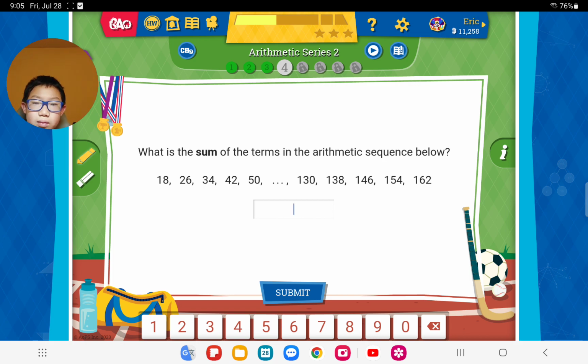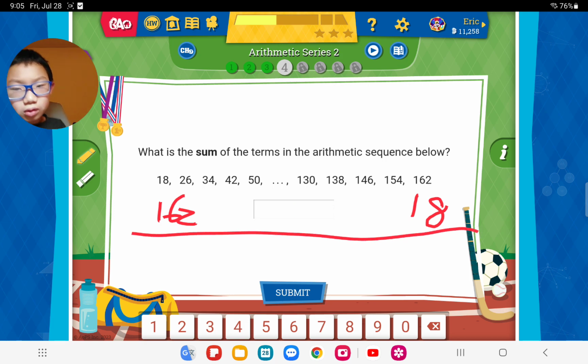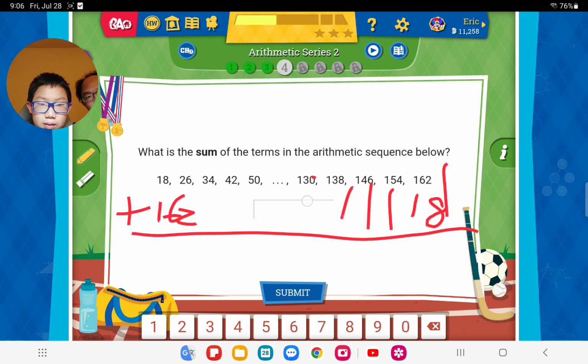Do you remember? If you want to get the sum of the sequence, copy the sequence, reverse this sequence. So this means two sequences. All this plus. Two sequences.